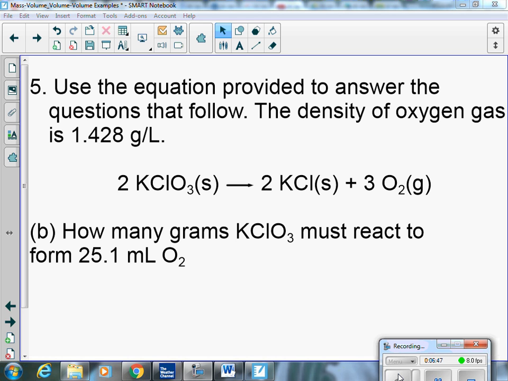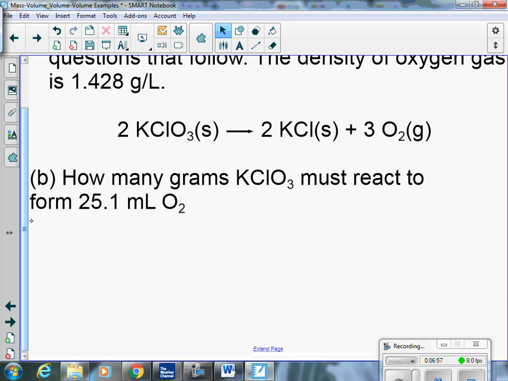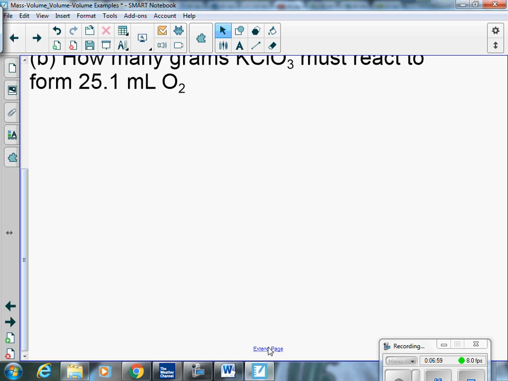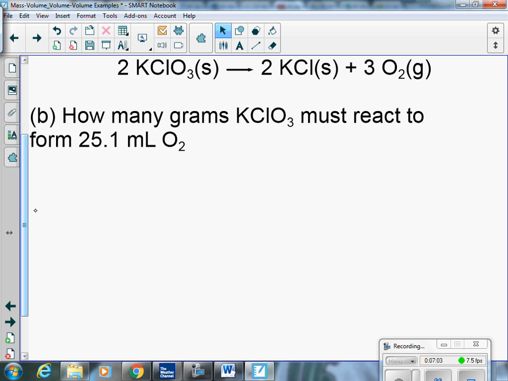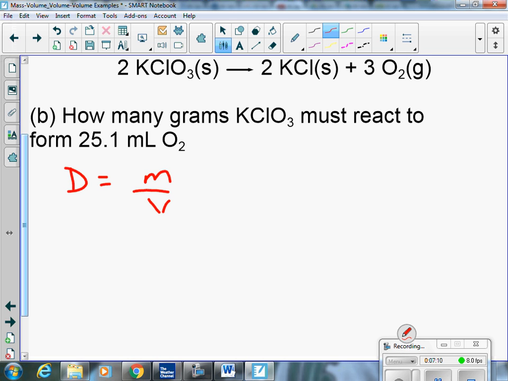This is working almost backwards of what we just did, okay? So the first thing I am going to do is take my density and solve for grams. I know that density equals mass over volume, so my mass is equal to my density times my volume, correct?